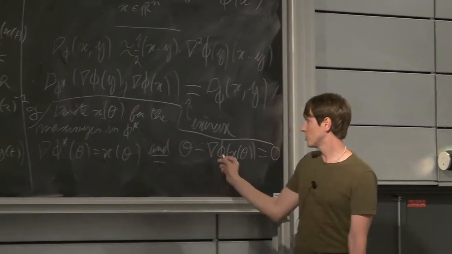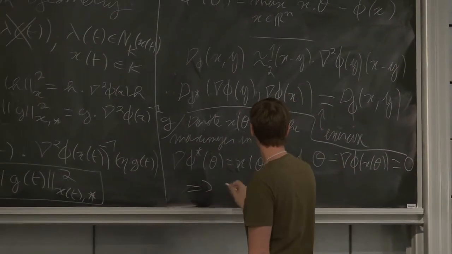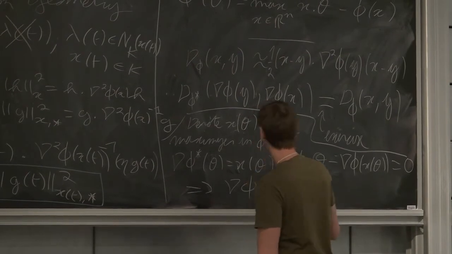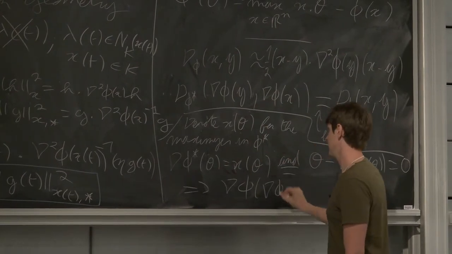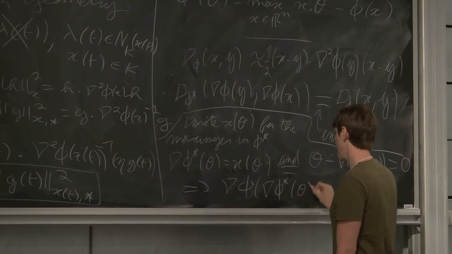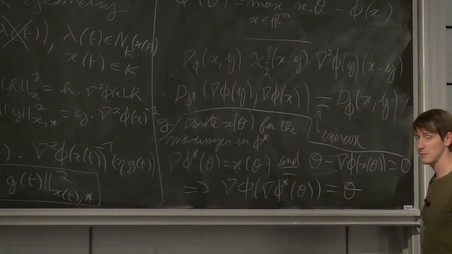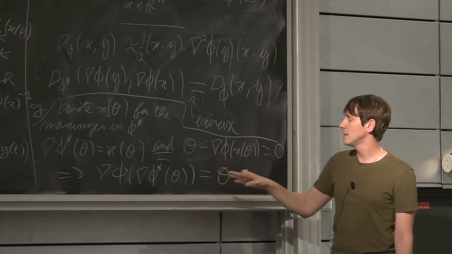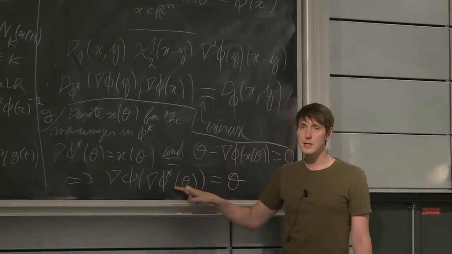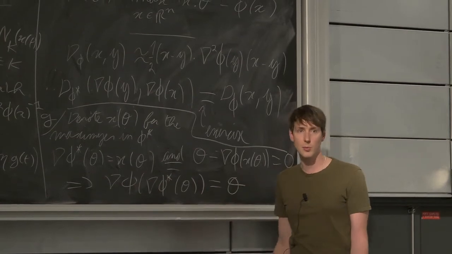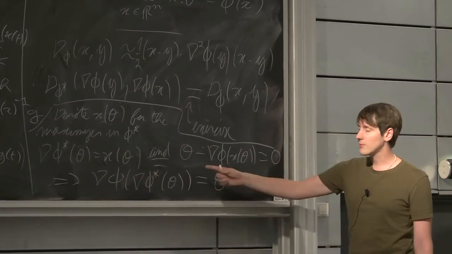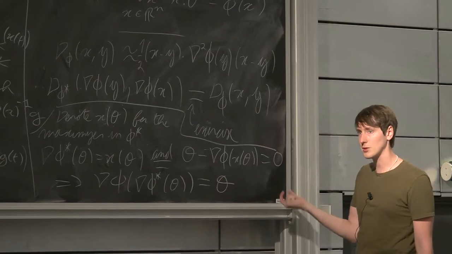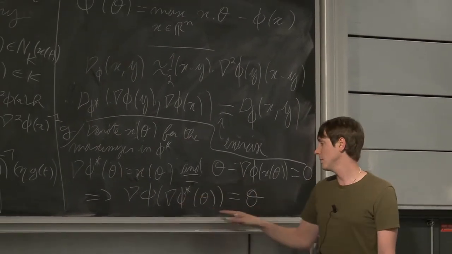So those two identities, what do they give me? They give me that grad phi of grad phi star of theta is equal to theta. So what I just proved for you is that the gradient of the Fenchel dual is the inverse of the gradient of the primal. So grad phi star is the inverse function of grad phi. When you compose them, you get the identity.